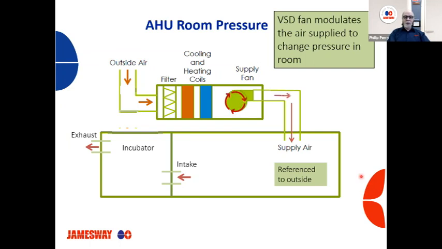So the air supply to the room, the incubator, as the intake opens, the pressure in the room would drop, and the fan would speed up and add more air into the room to keep the pressure, whatever our set point is. And then as it circulates through the incubator, it is exhausted into the plenum. So just a simple diagram of how the fan modulates the total volume of air it supplies to change the pressure in the room.